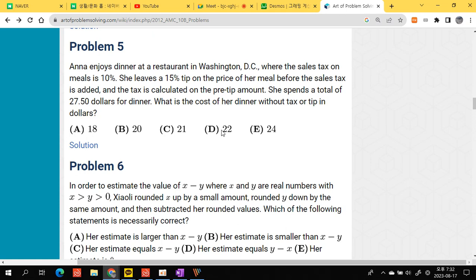Or you can use these numbers in the choices. Multiply 1.25 by each, and one of them will make 27.5.